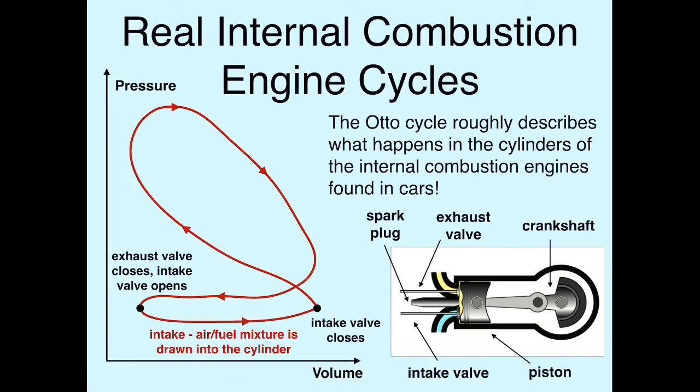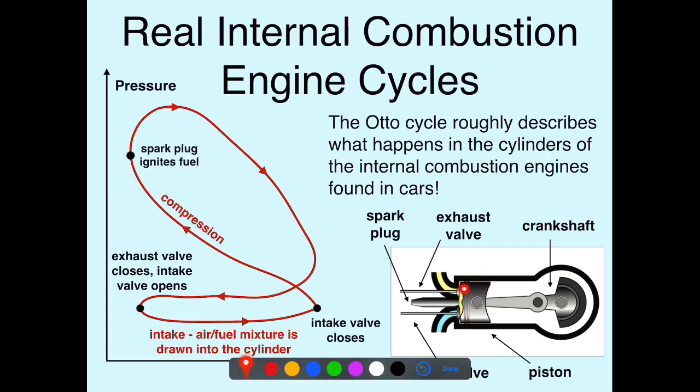So the pressure keeps going up and up. We call that the compression phase. And then at the end of our compression phase, when the piston is back over here and the volume is very small and the gas is under a lot of pressure, the spark plug ignites the fuel. Okay, so that's where the spark plug goes off and ignites the fuel.